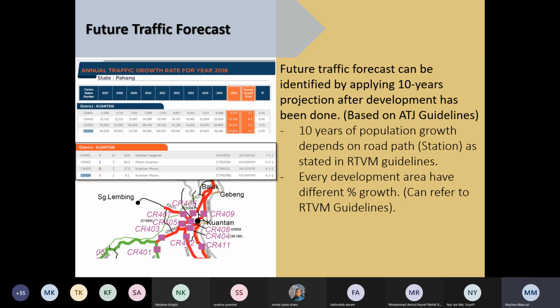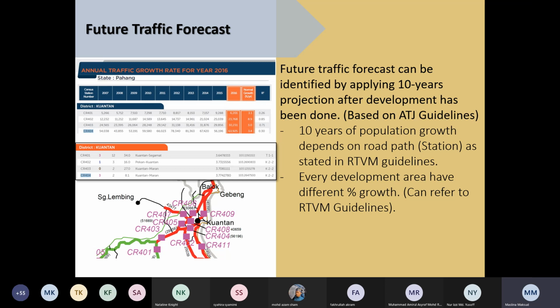So for example, this is the example for Bandar Kuantan. This one is the old RTBM. Okay, so just now, the proposed development is at Bandar Kuantan.